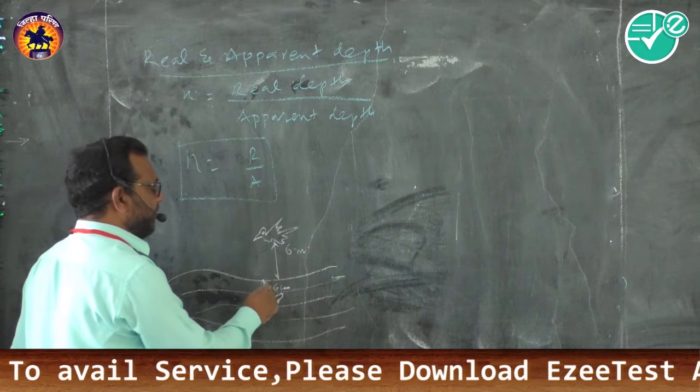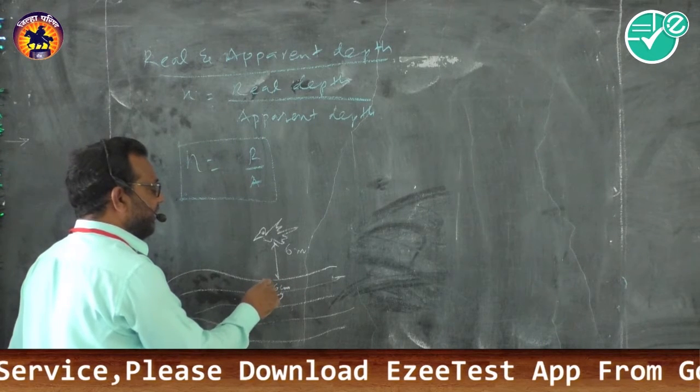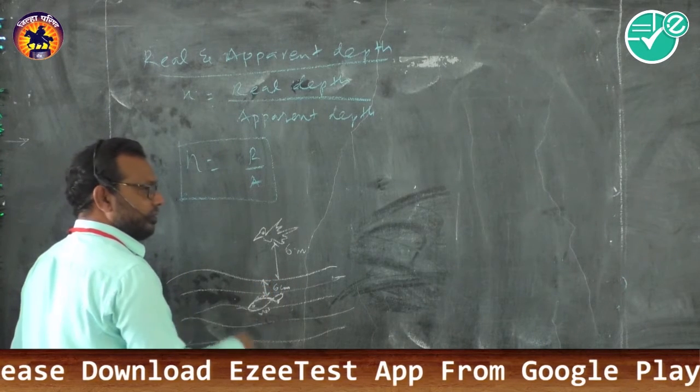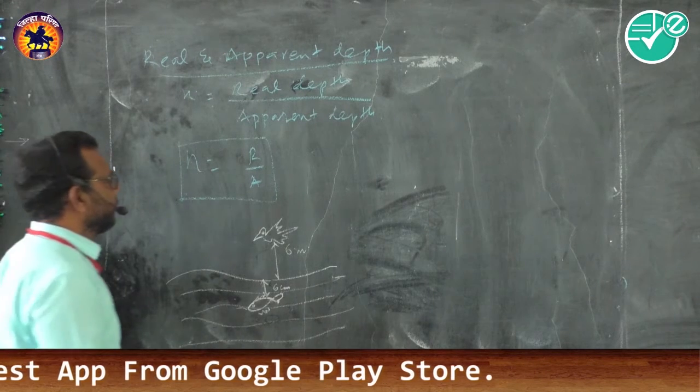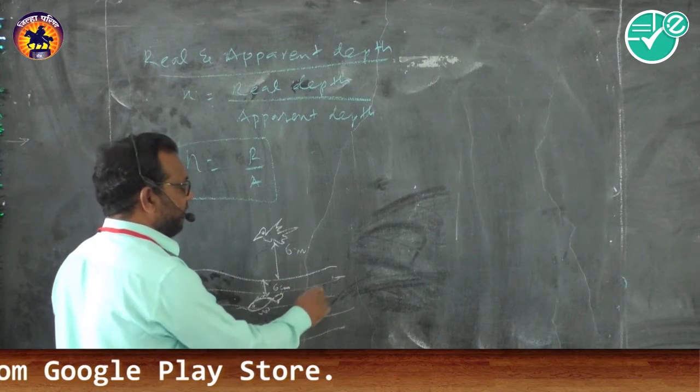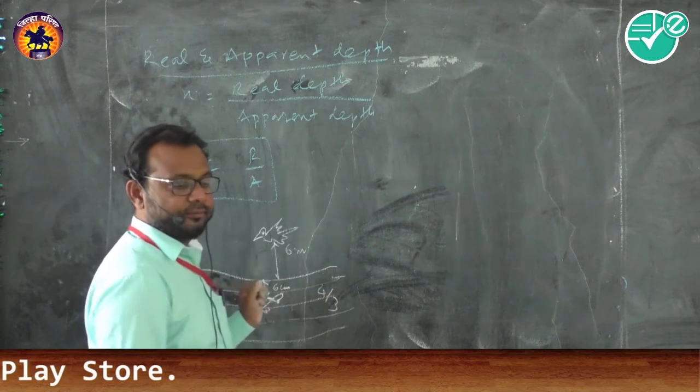So we first have to calculate the real depth of this fish inside the water. The refractive index is given as 4 by 3.